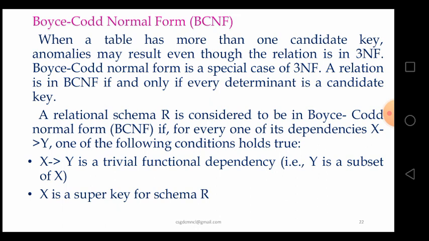A relation schema R is considered to be in Boyce-Codd normal form if for every one of its dependencies X to Y, one of the following holds true: X to Y is a trivial functional dependency, that is Y is a subset of X, or X is a super key of schema R.